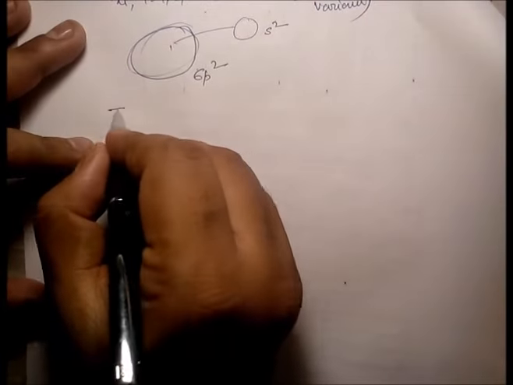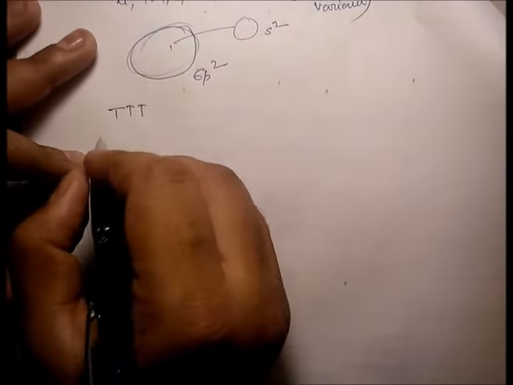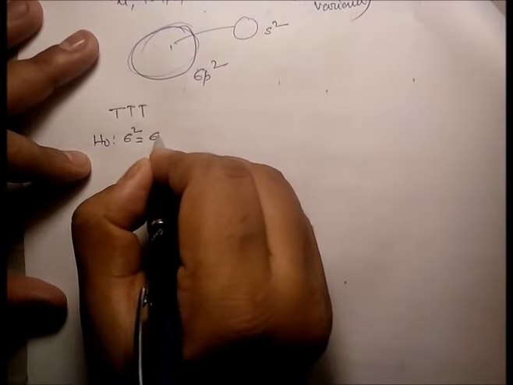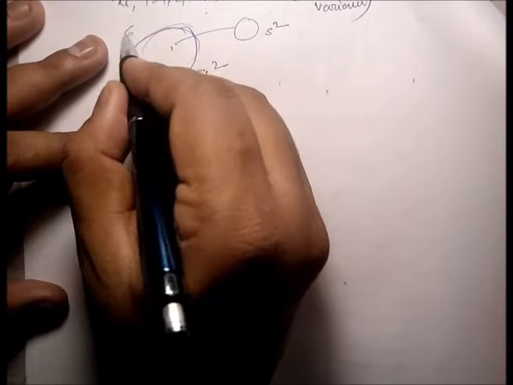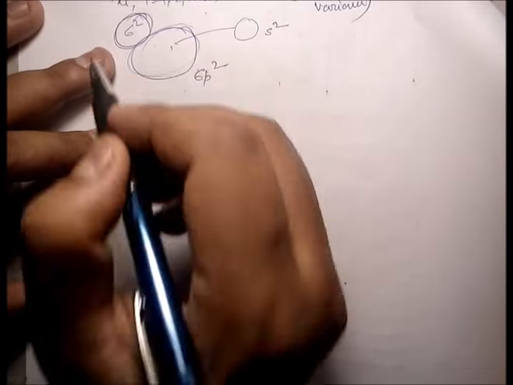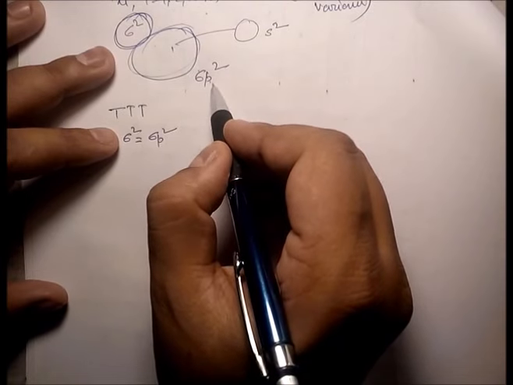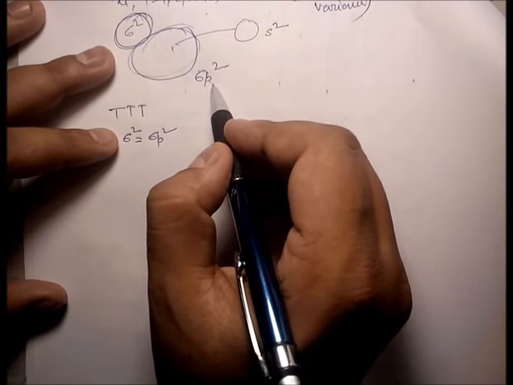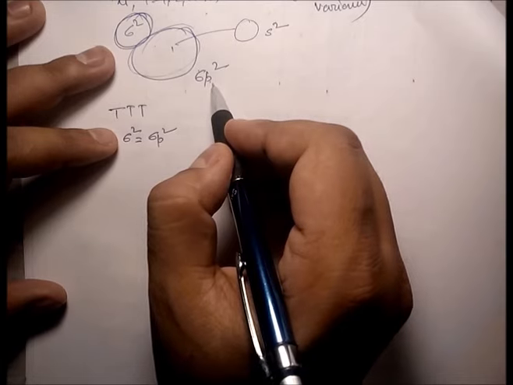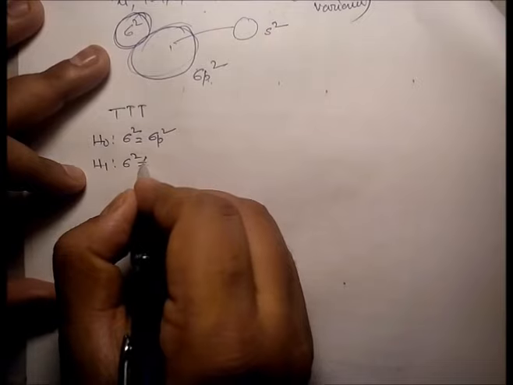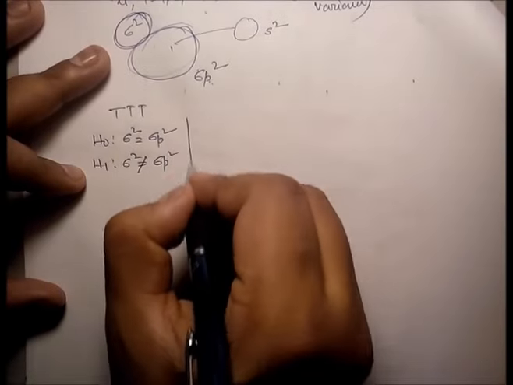Clear? Now for the two-tailed test, H0 will be sigma square equals sigma p square. So sigma square is our actual variance and sigma p square is our assumed population variance. And for the two-tailed test, the alternative is sigma square not equal to sigma p square.